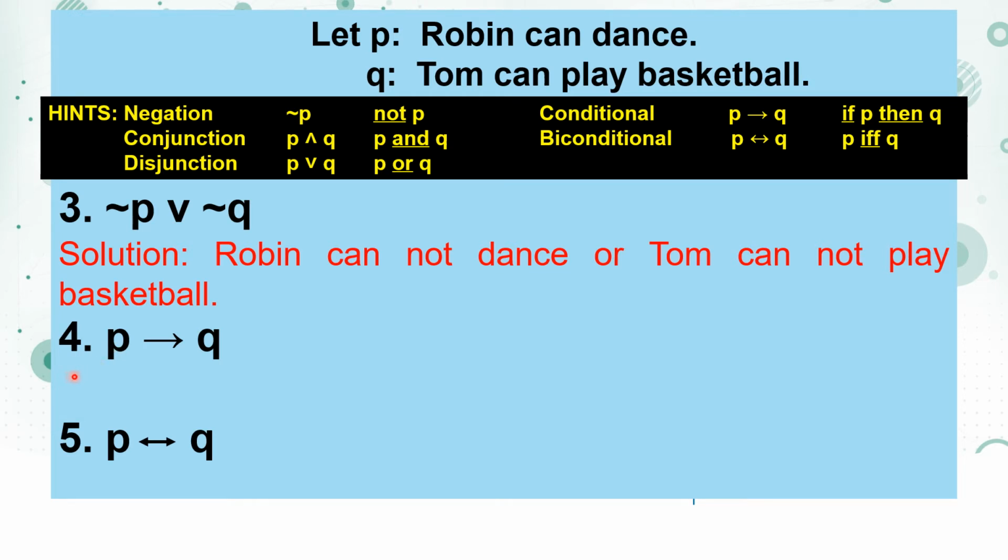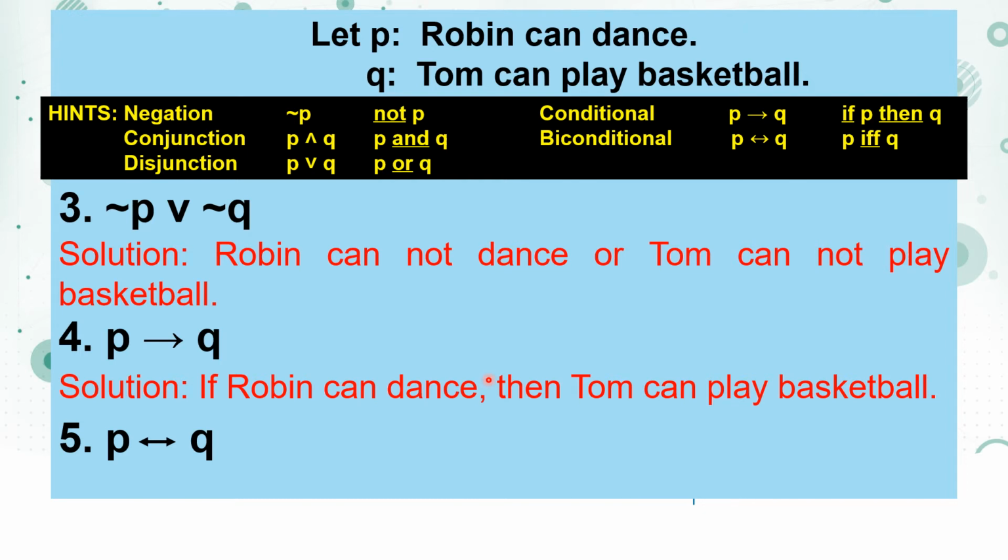Next, we have number 4. So the symbol used is the symbol for conditional. And the keyword for conditional is if, then. So our P is Robin can dance, so we write if Robin can dance. Then, our Q, Tom can play basketball.